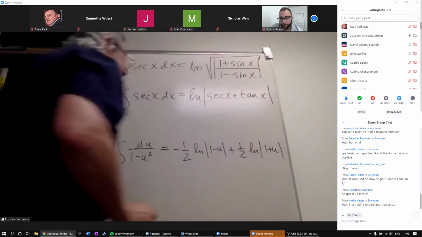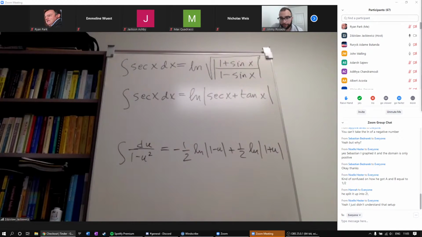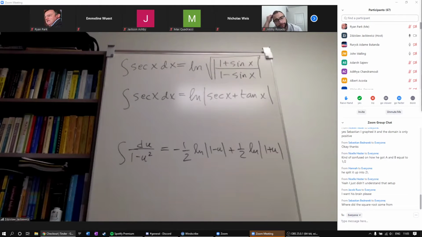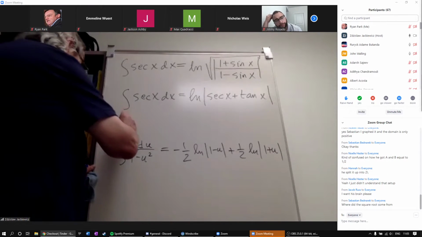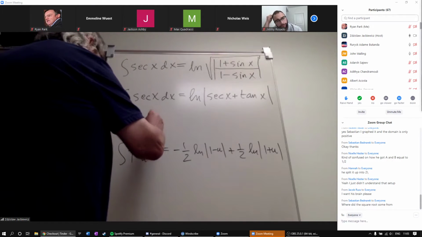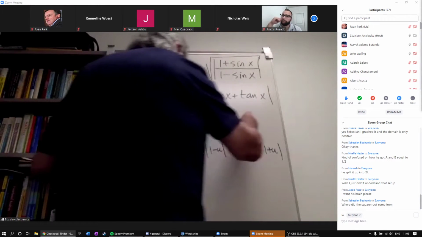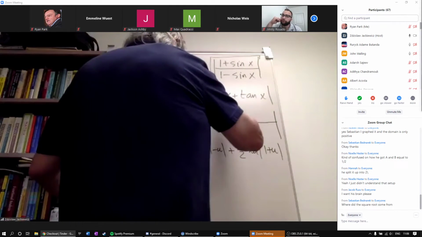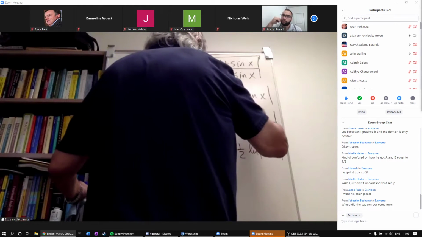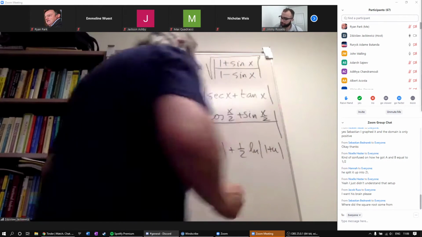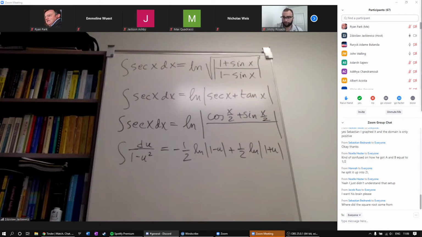So this was the answer we got using this ingenious trick, you remember. Secant plus tangent, okay. And then the answer using Mathematica was secant x dx is ln cosine x over 2 minus plus sine x over 2. Let me check that I'm not making a mistake. One moment. Yeah, cosine plus sine, cosine minus sine.